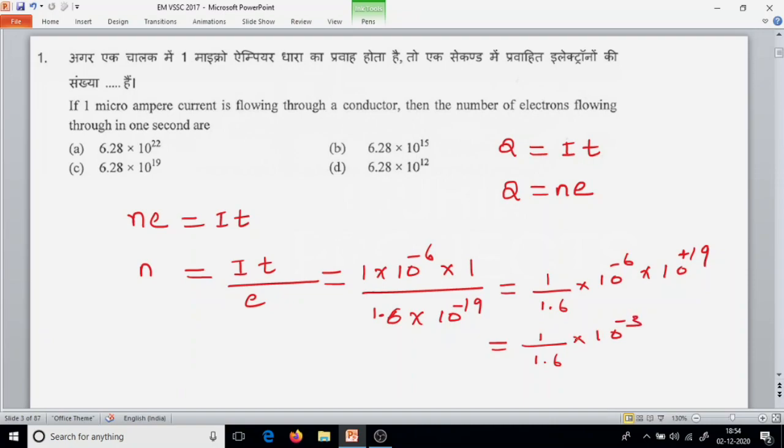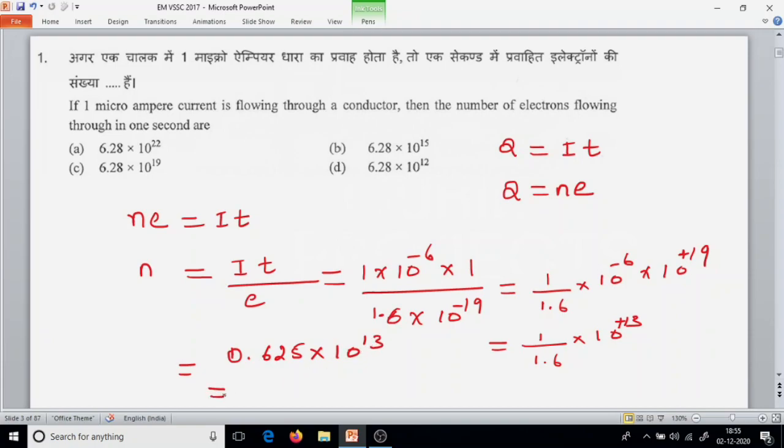Now what is 1 divided by 1.6? 1 divided by 1.6 equal to 0.625 multiplied by 10 to the power 13. This is plus 13, okay? 10 to the power 13.